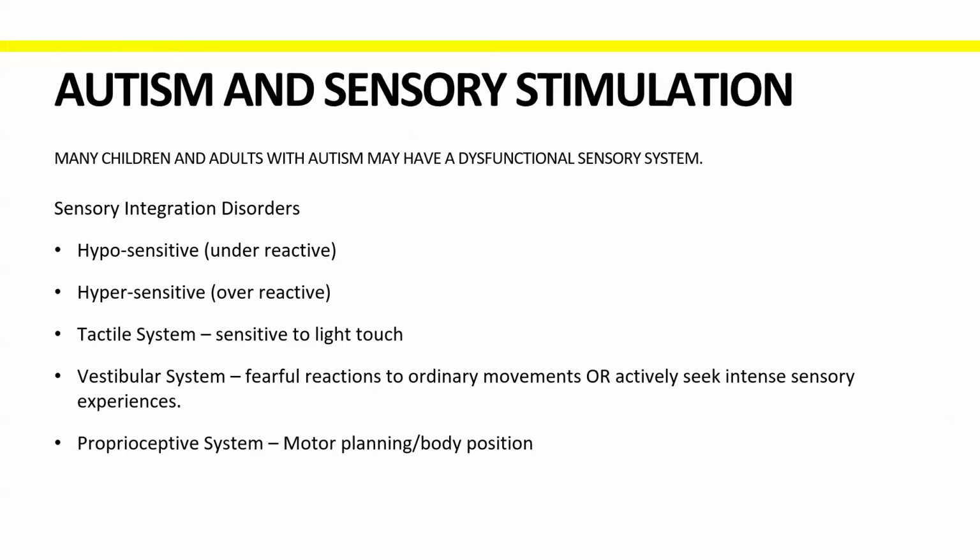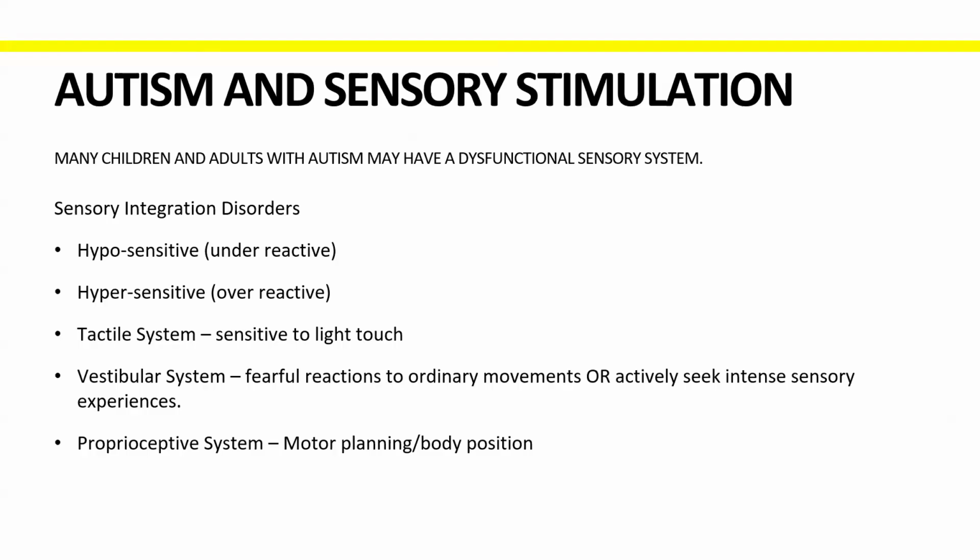Many children and adults with autism have a dysfunctional sensory system, commonly referred to as sensory integration disorders in ASD. This typically manifests in one of two categories: hyposensitivity or hypersensitivity.